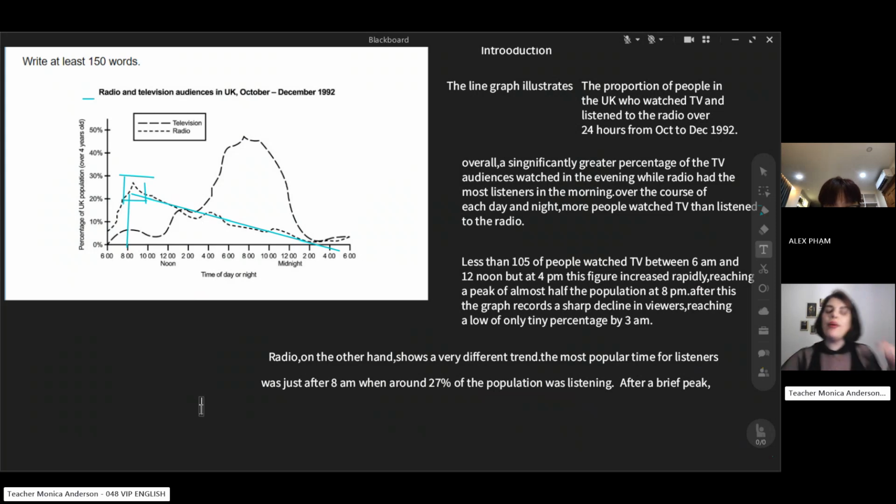But actually tell me, if this drop, if this fall is sharp, rapid, or no, it's something like stable? Oh, stable. Of course it is.